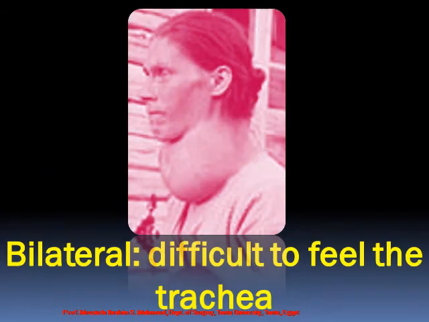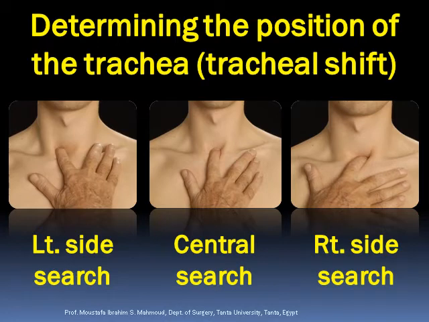Bilateral, huge goiters make it difficult to feel the trachea. Determining the position of the trachea, if there is tracheal shift or not. Palpation at the left side, central, and right side by the finger.